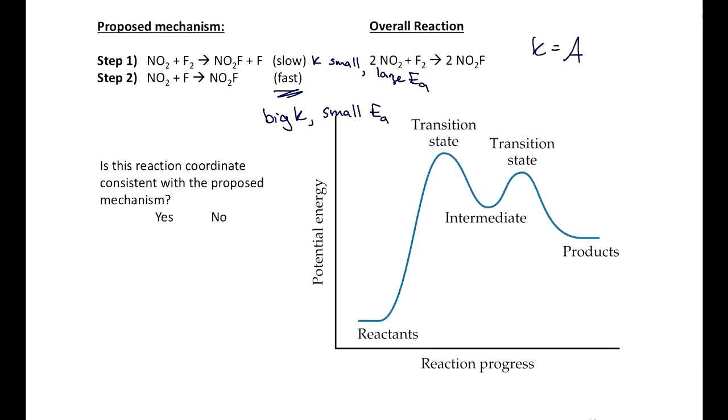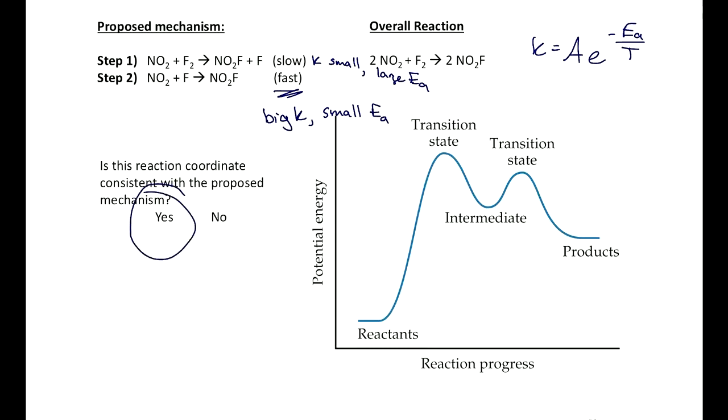k equals A e to the negative activation energy over RT, where we see that the rate constant, the same rate constant that's in our rate law, is dependent on activation energy (bigger hill, slower reaction) or on temperature. If we increase temperature, the collisions are more likely to get over that activation energy.